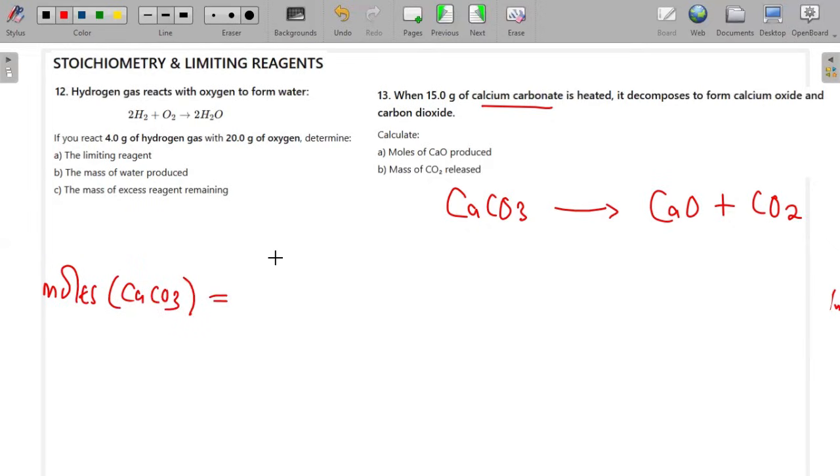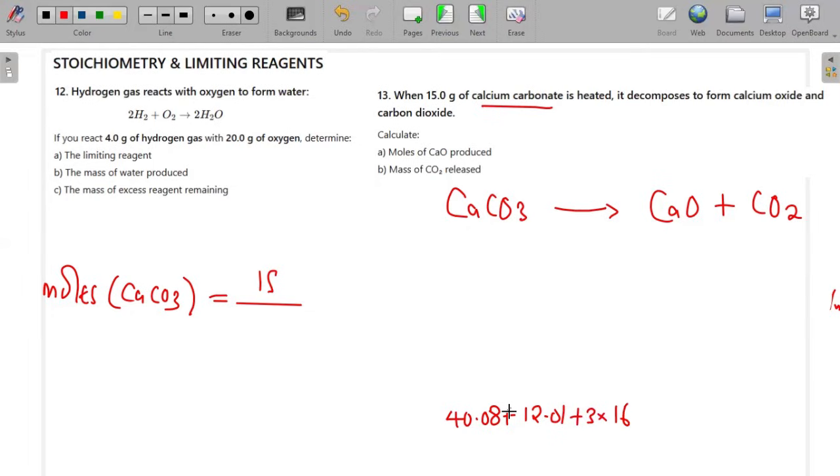So that would just be equals to the mass that has been given there divided by the molar mass of this. So the molar mass of this guy is the molar mass of calcium, which is 40.08, plus the carbon 12.01, plus 3 multiplied by the oxygen.